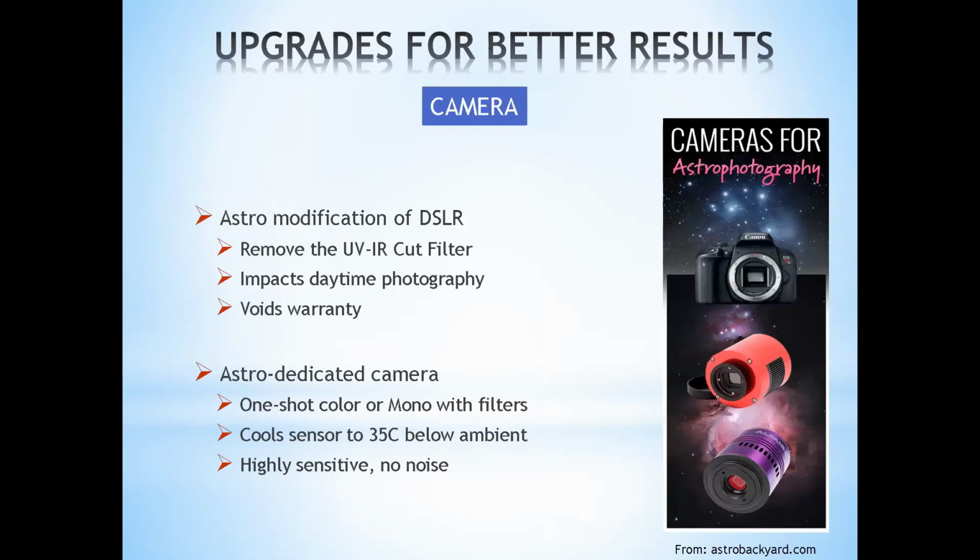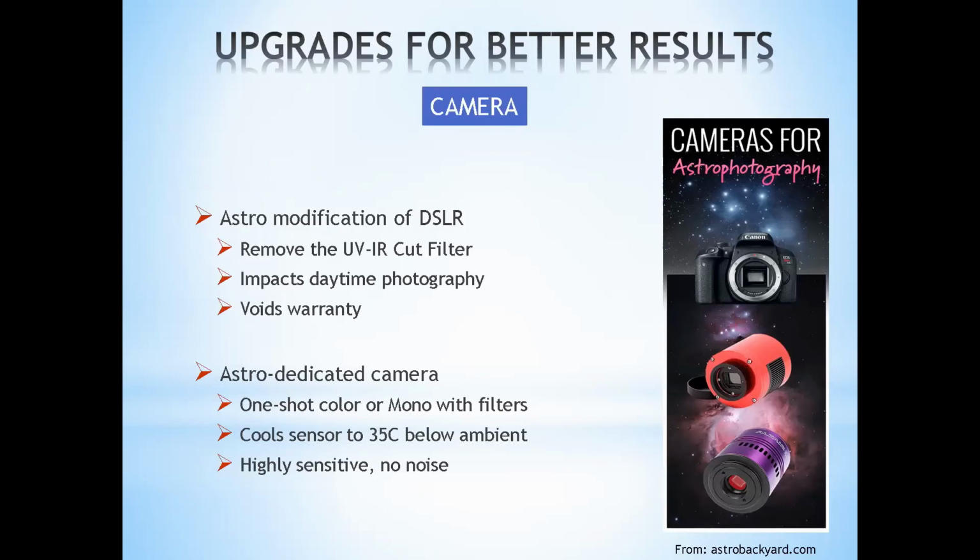The last area to upgrade is the camera. I'm using a mirrorless camera right now, or a DSLR, but it can be modified. You can take out that UV and IR cut filter, but then that means the camera is no good for daytime photography, and it voids the warranty of the camera.